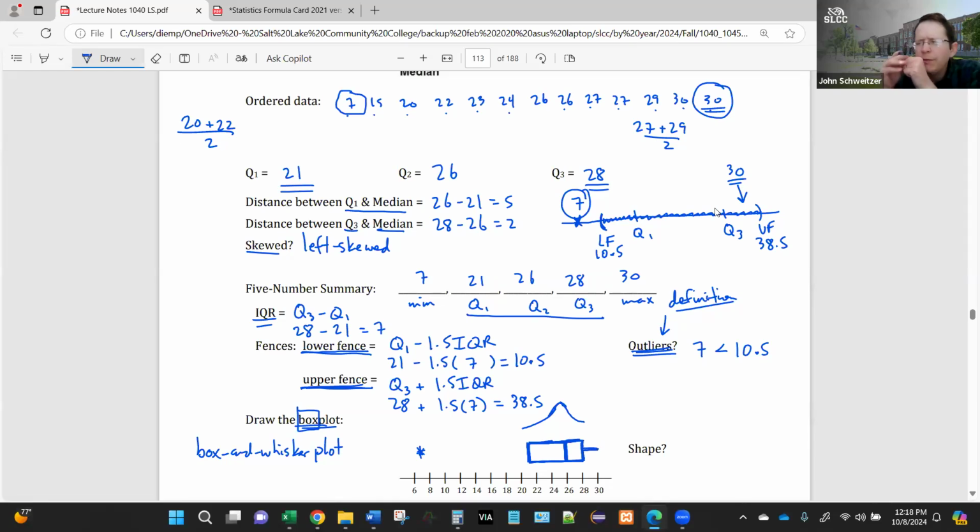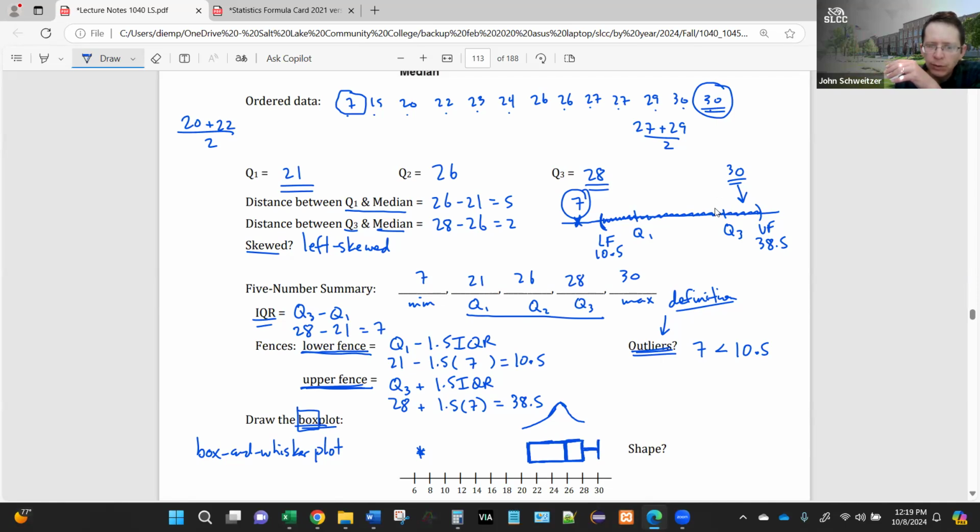There's a fair amount of different styles for the box plot that you'll see from one software package to the other. Once you understand one box plot, then the others will make sense. But some software packages will leave it like this. Others, including GeoGebra, will put a little line at the end like that.